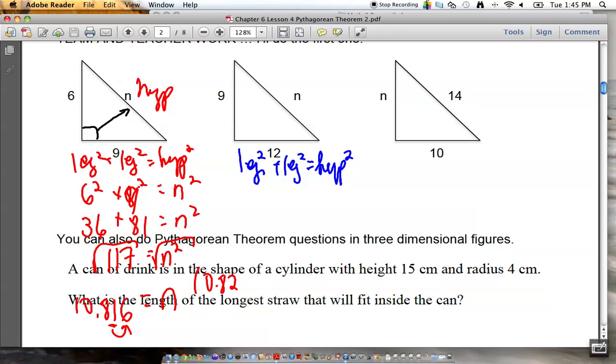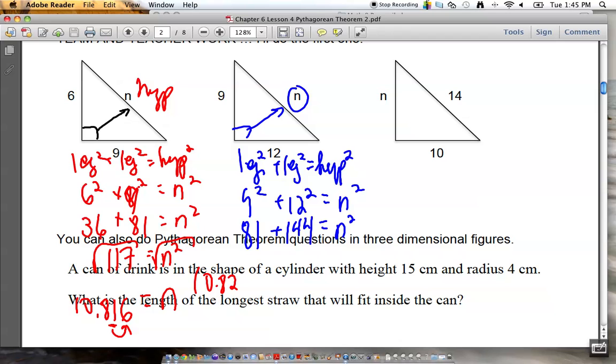Okay, now, remember, the one good thing Mrs. Stegman taught me. Draw the right angle, draw the arrow, n is the what? N is the what? Hypotenuse, good. So, 9 squared plus 12 squared equals n squared. 81 plus 144 equals n squared.